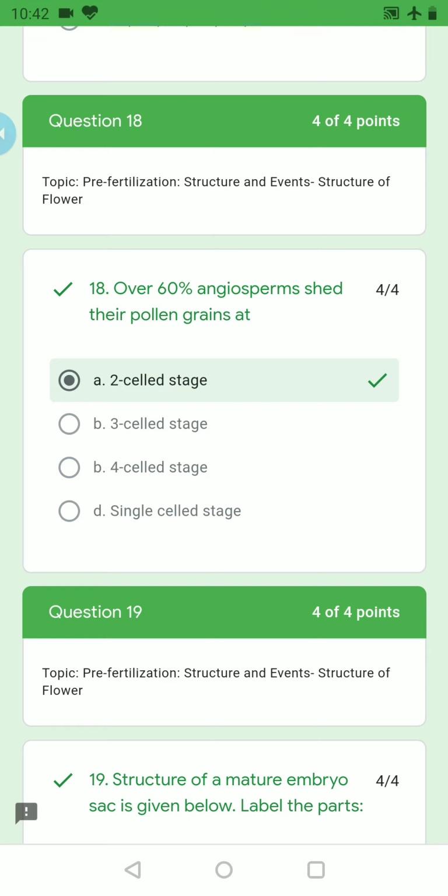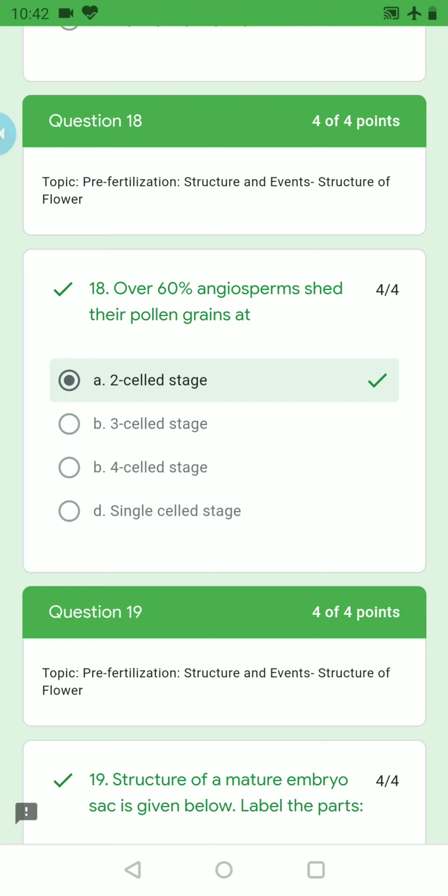So over 60% of angiosperms shed their pollen grains at the two-celled stage. What about the remaining? There are possibilities of three-celled stages also.